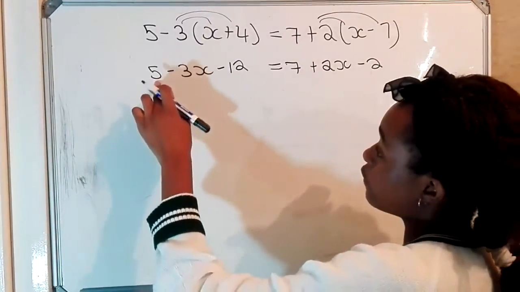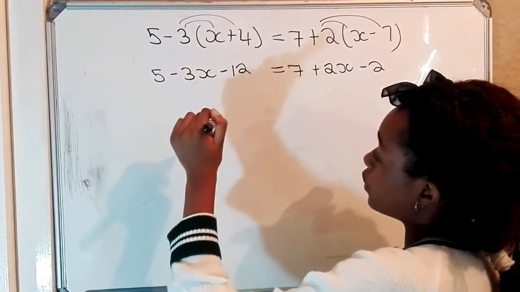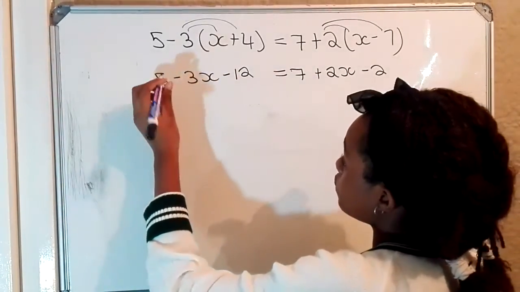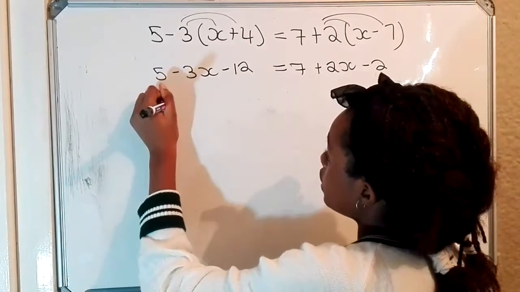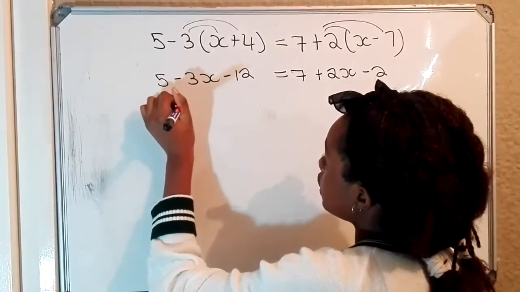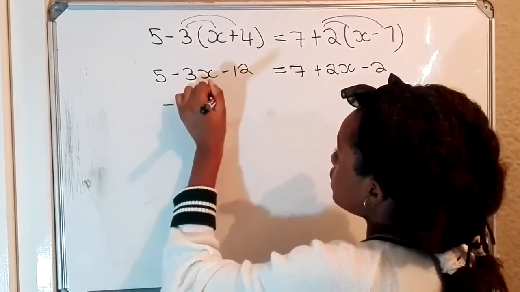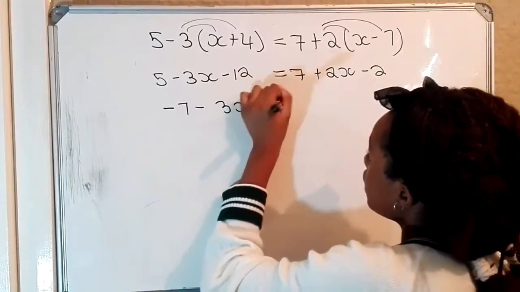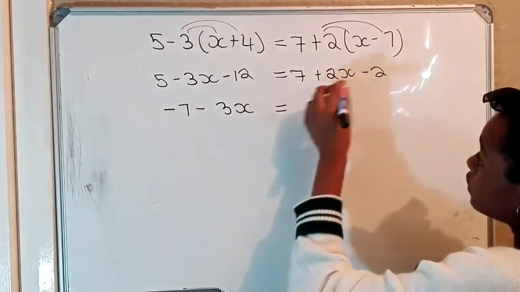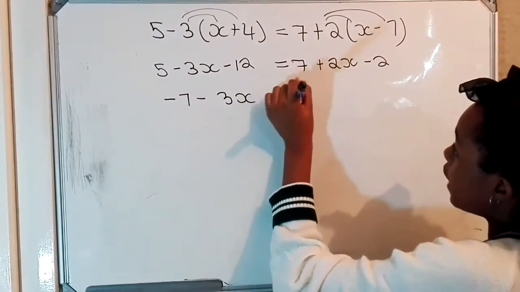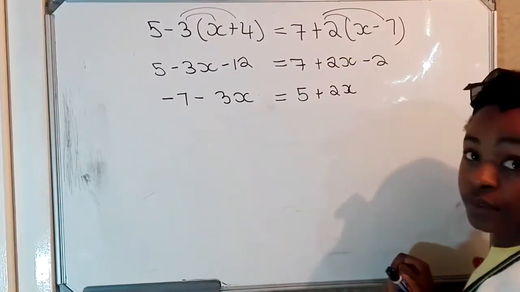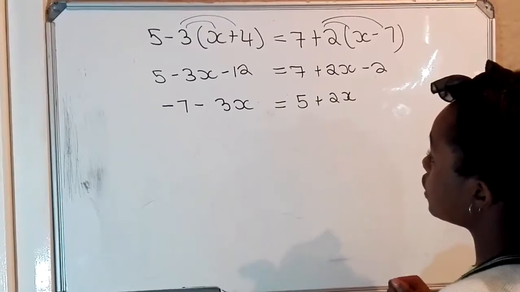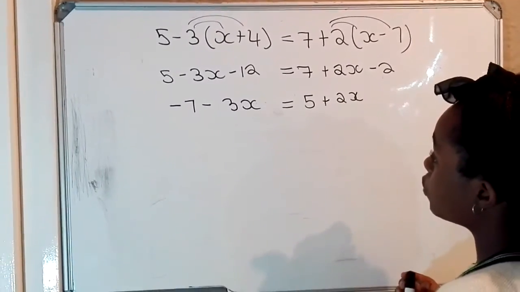We take 5 and minus 12 and subtract them. 5 minus 12 gives me negative 7 minus 3x, plus, and then I have 7 minus 2, which is just 5 plus 2x.